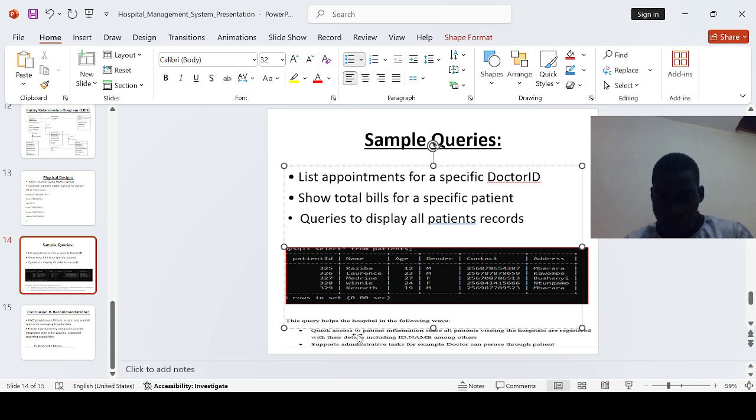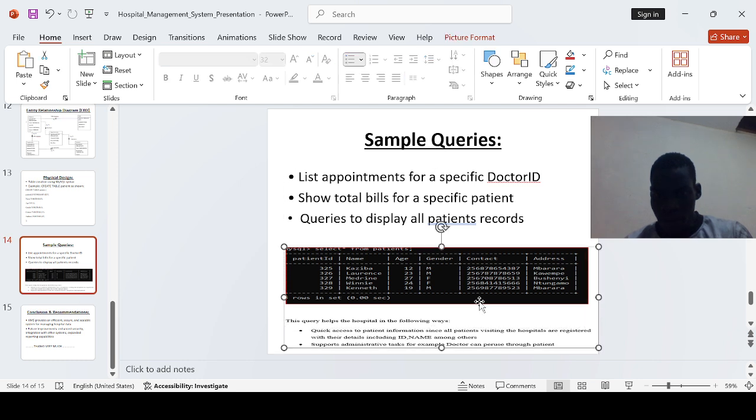So this query would help us to quickly access patient information, since all patients visiting the hospital are registered with their details, including ID, name, among others. So as you know, the moment we retrieve all these patients' records, we are positioned to get information for all the patients visiting the hospital. So queries are very helpful.